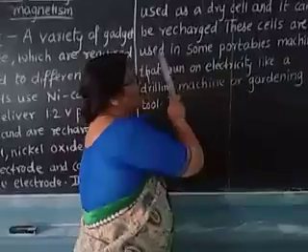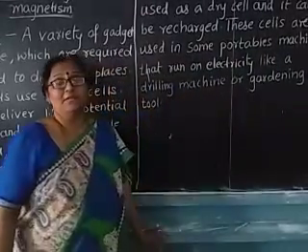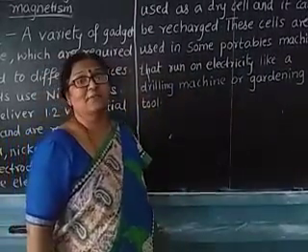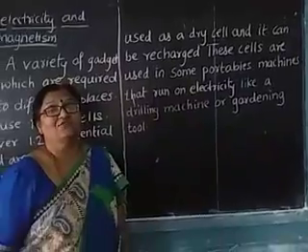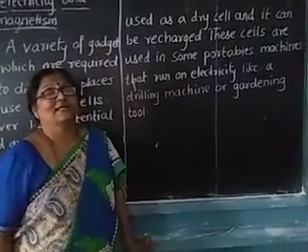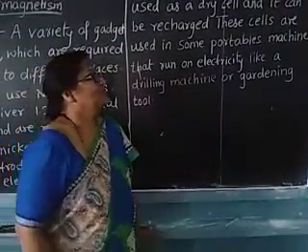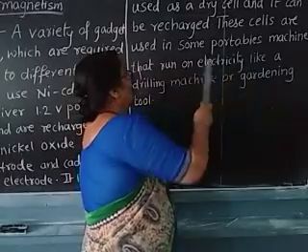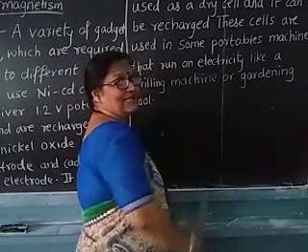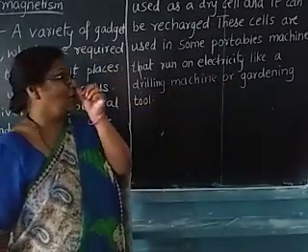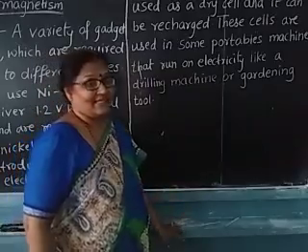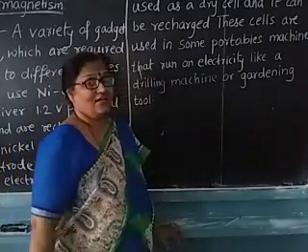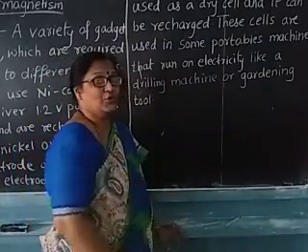These cells are used in some portable machines. Portable machines means the machines which can be taken from one place to another very easily. These machines run on electricity. A drilling machine or a gardening tool is an example.